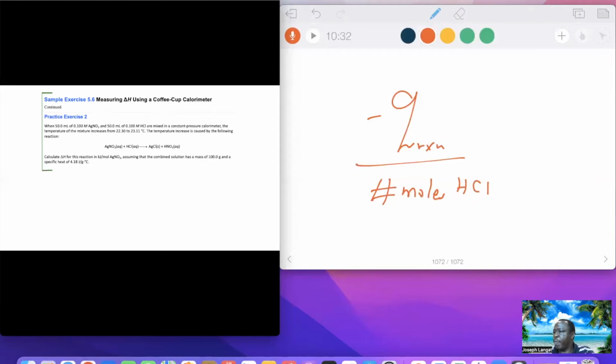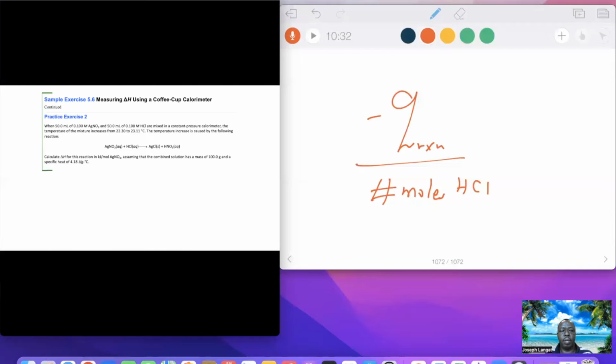One more example before we shift to 5.6: suppose you are asked to find the enthalpy change of this reaction, the precipitation of silver chloride, when 50 mL of 0.100 molar silver nitrate and 50.0 mL of 0.100 molar HCl are mixed in a constant pressure calorimeter.